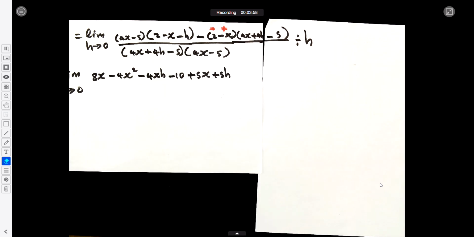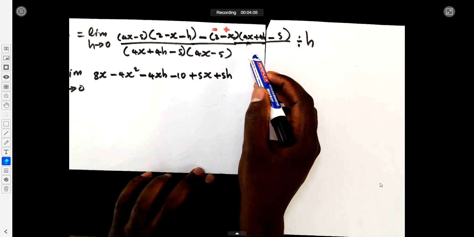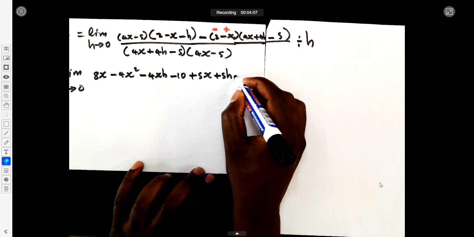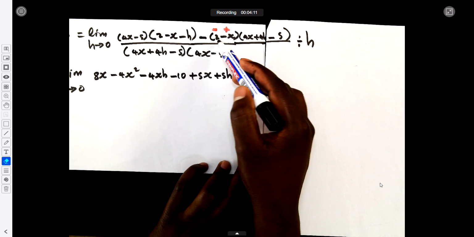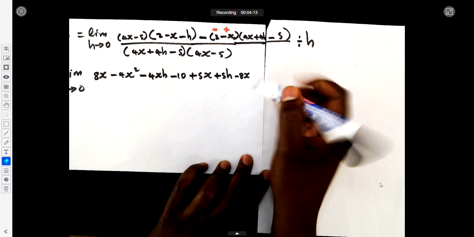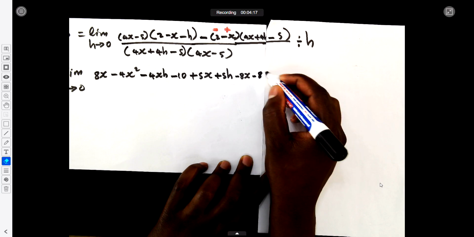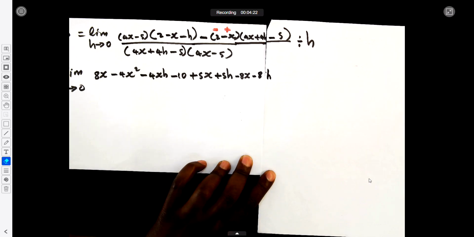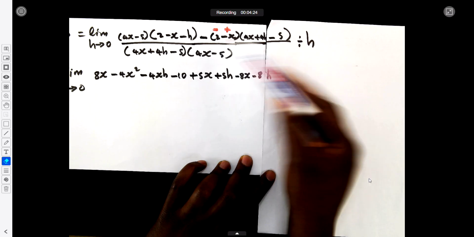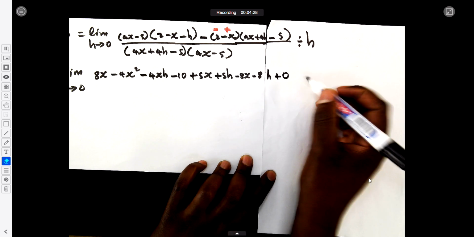So negative 2 times 4x will be negative 8x, and negative 2 times 4h is negative 8h. And negative 2 times negative 5 is positive 10.